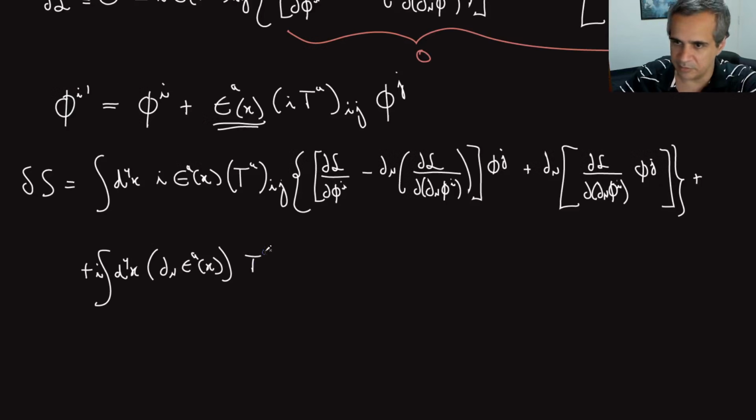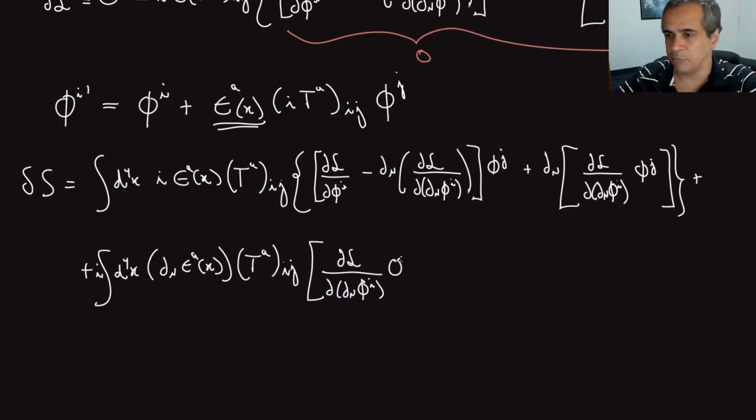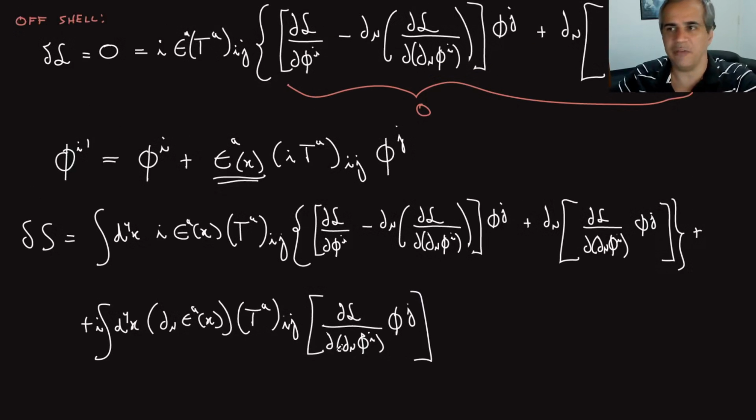The rest is very similar, t a I j times del L del mu phi I phi j. Right? And this is the variation of the action now. Since I didn't do anything, I didn't change my Lagrangian, this is still true, right?